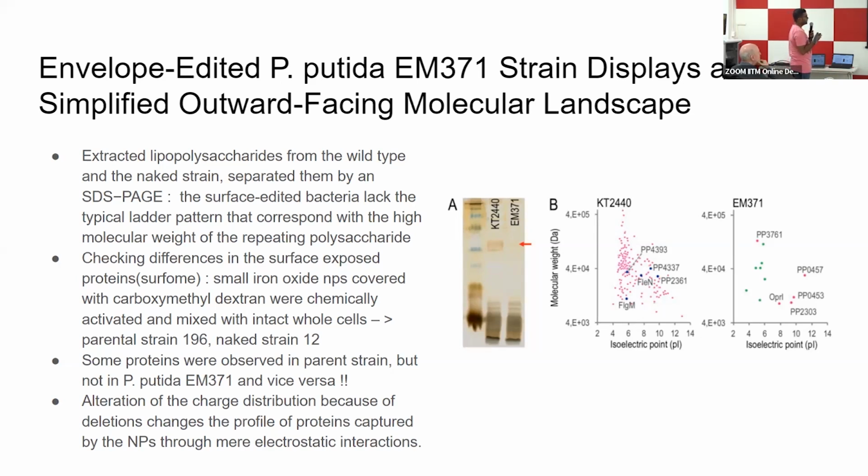Small iron oxide nanoparticles covered with carboxymethyl dextran were chemically activated and mixed with intact whole cells. So nanoparticles were used here, and with an isoelectric mechanism, they were separated. In the parental strain, KT2440, 196 proteins were observed, which is shown in figure B, and the naked strain, the modified strain, had only 12 proteins present.